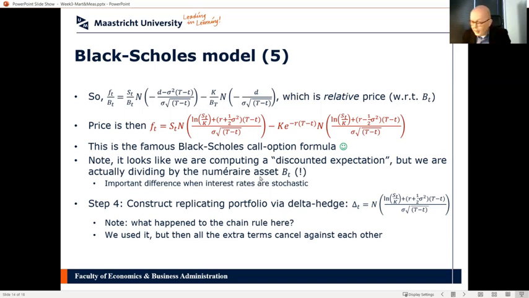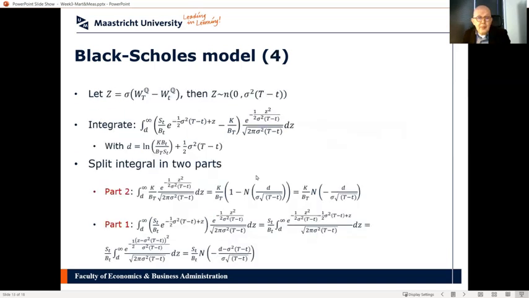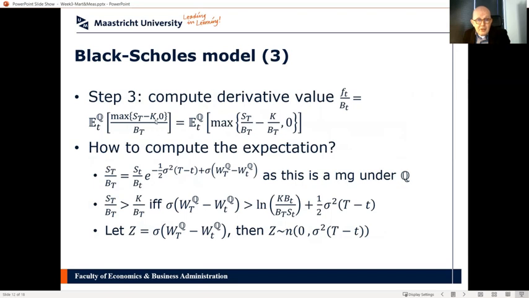When interest rates are stochastic, it's really important to realize that we have this numeraire asset. If this thing is a stochastic quantity by itself, then it's really important to realize that this stochastic numeraire is sitting inside the expectation operator, and the covariance of the numeraire and your option payoff is an important part of doing your expectation computation.